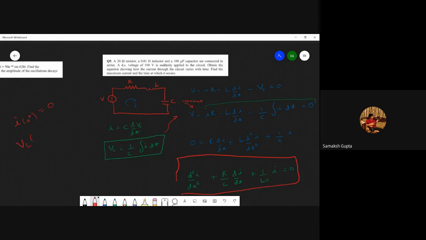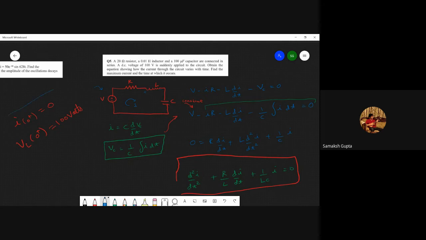Now what will be VL(0+)? 100 volts. Right. This will be 100 volts because at 0+, just the instant when the switch is closed, the inductor behaves as an open circuit. So all this V volt would drop across this inductor only.